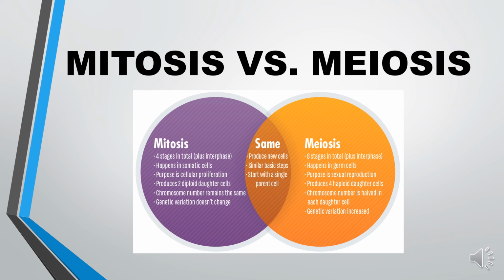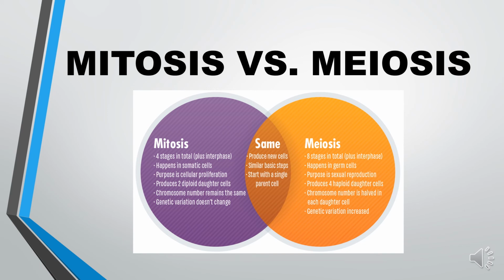So the purpose of mitosis is cellular proliferation, where the cell grows and divides to produce 2 daughter cells, while the purpose of meiosis is sexual reproduction, to create another organism, another human, another plants, another siblings, anything in sexual reproduction.